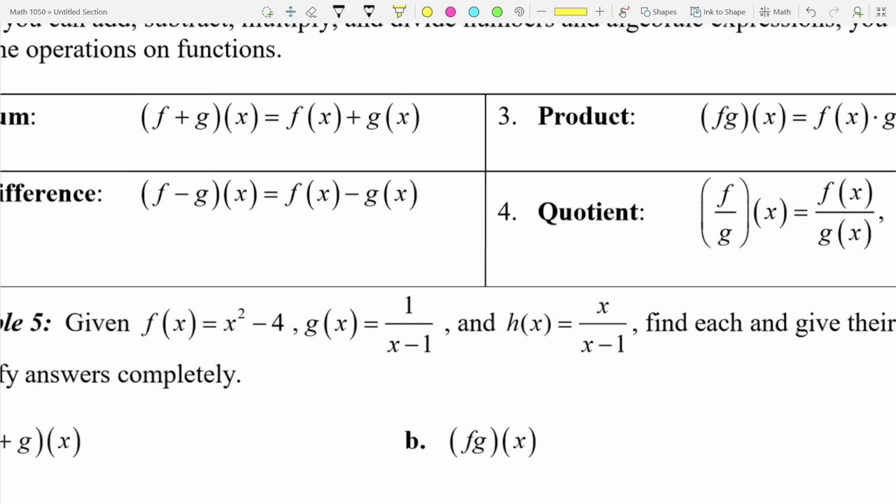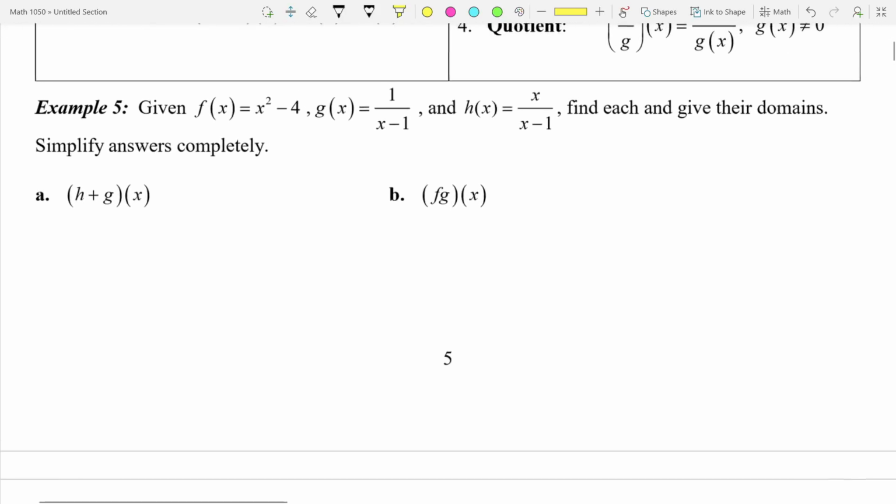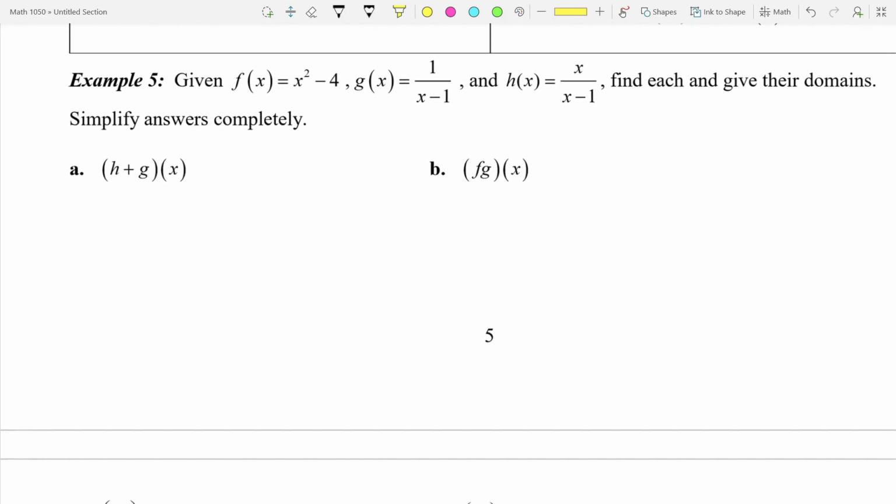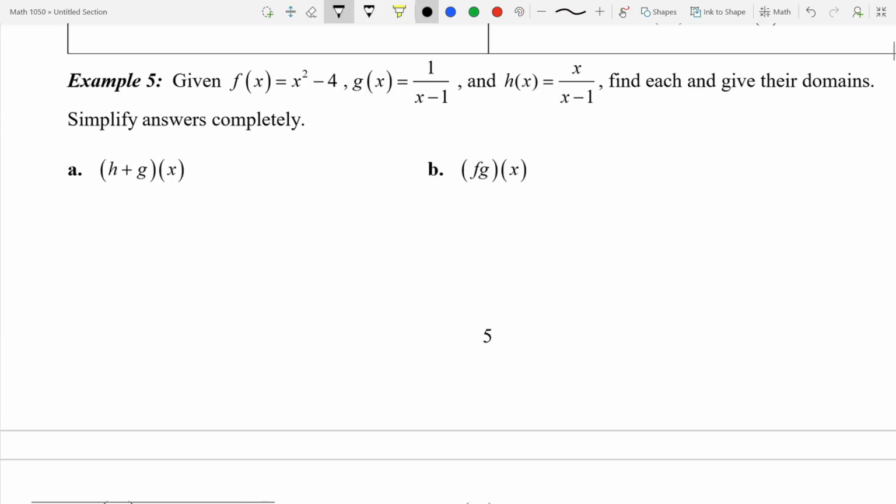So you can add expressions, you can subtract them, you can multiply them, you can divide them. Okay, so we're doing some more function notation right here. Question A just means take h of x and add it to g of x.